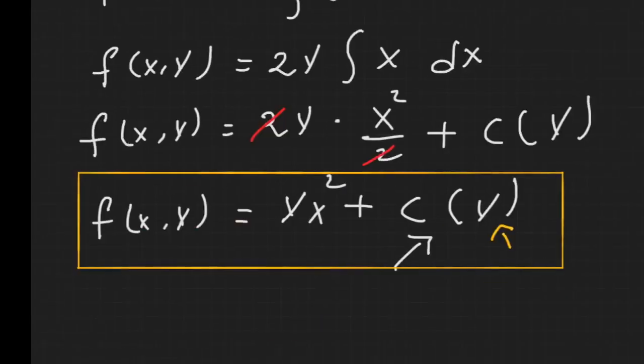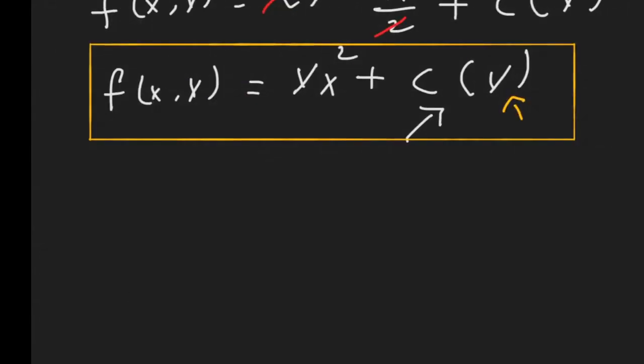Df over dy means this function, you're going to derive it with respect to y, and you're going to set that to be equal to n. So let's derive this with respect to y.